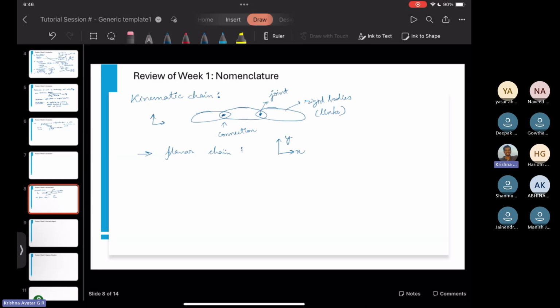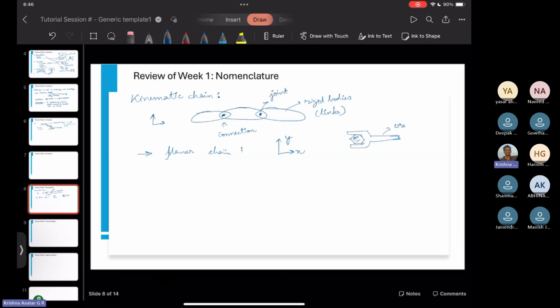Say you have a nut, a hexagonal one, and you use a wrench to open it. Temporarily, this is also some sort of a mechanism, isn't it? A mechanism where the nut is fixed and can be considered the ground.